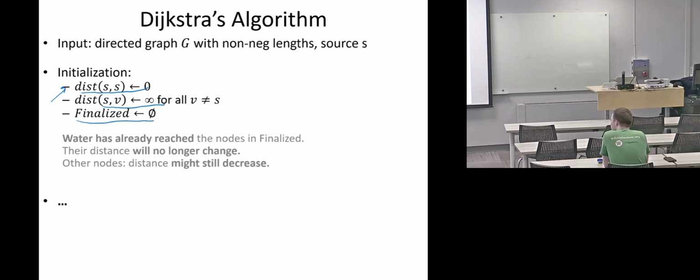Once the water reaches some node, the distance of that node is finalized. A node that is finalized has a distance that no longer changes, and for other nodes, the distance can still decrease. We start from infinite, and the distance can keep decreasing.